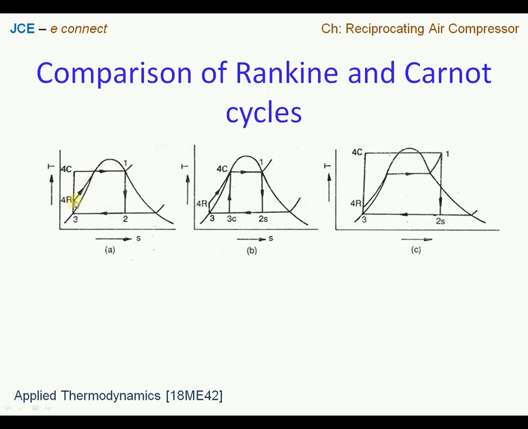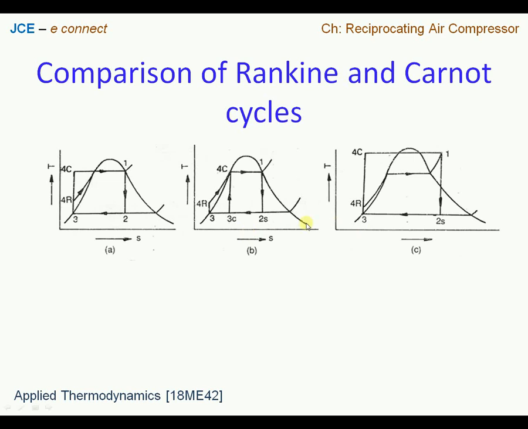Whereas for the Carnot cycle, process 3 to 4C represents reversible adiabatic compression work, and process 4C to 1 represents reversible isothermal heat addition process.